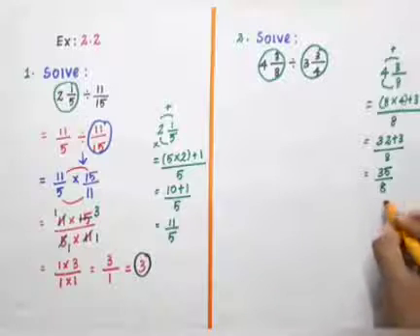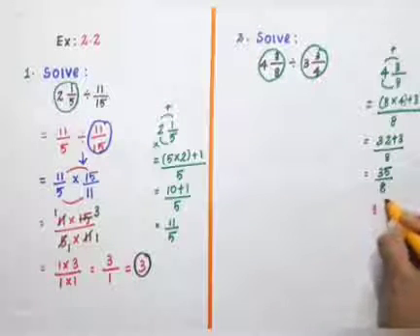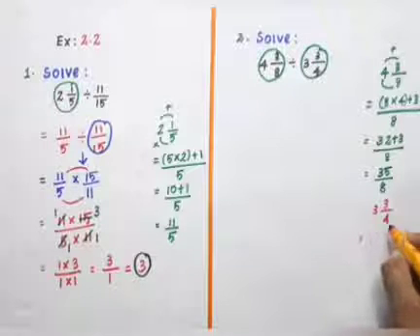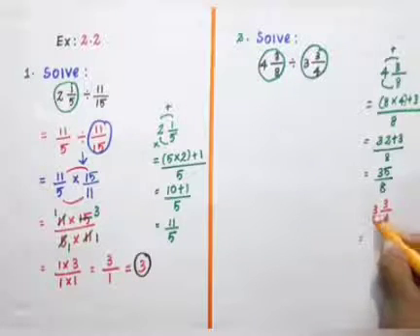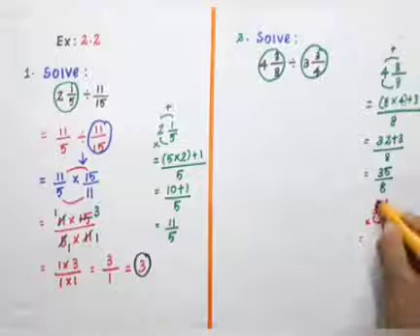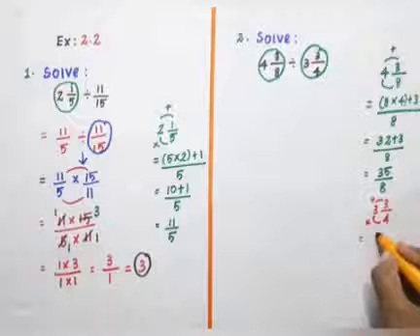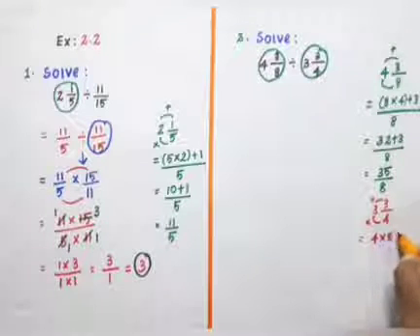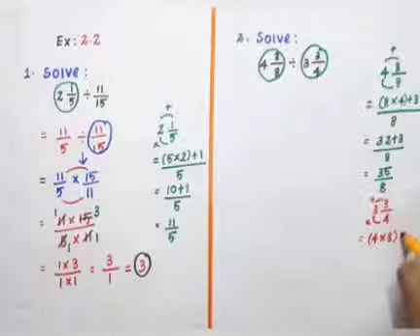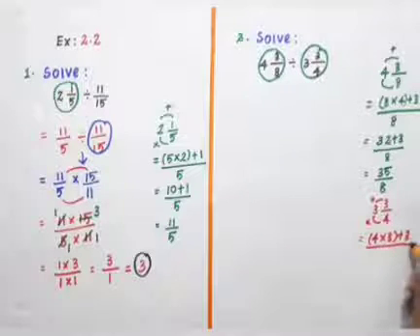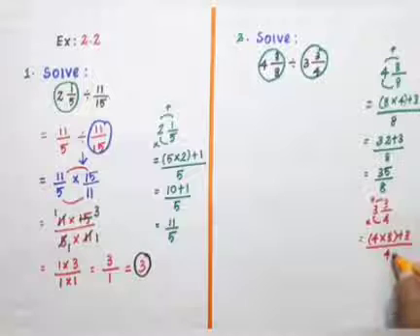Now 3 3/4. This is equal to, we have to multiply the denominator of the fraction with the whole number and then add it to the numerator. That is 4 into 3 added with 3, divided by 4.